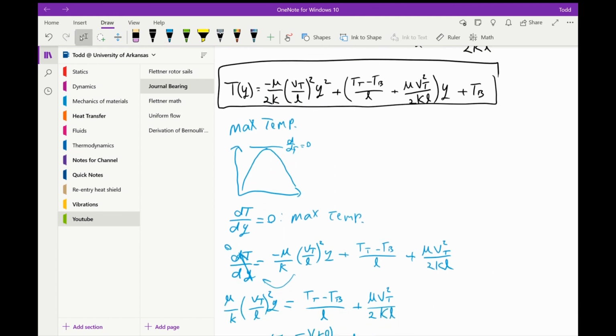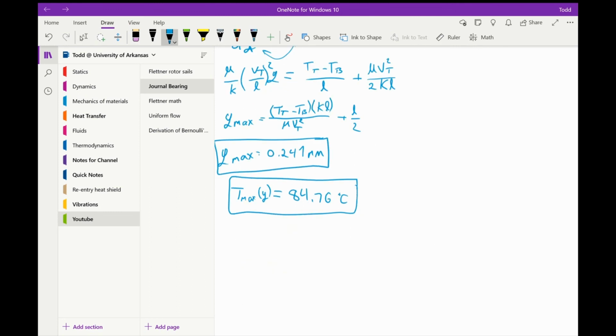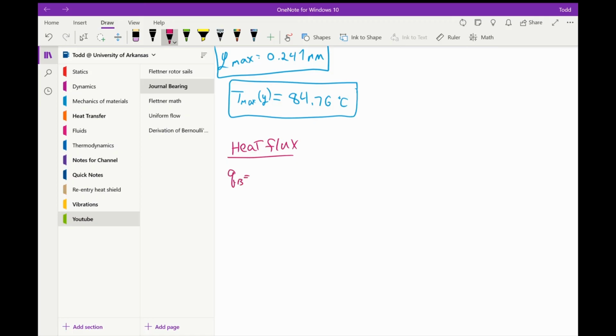Now that we know where the max location is, we can find the temperature at this location, which gives us a temperature of 84.76 degrees Celsius. And the last thing we can find is the heat flux for the bottom and the top surface.